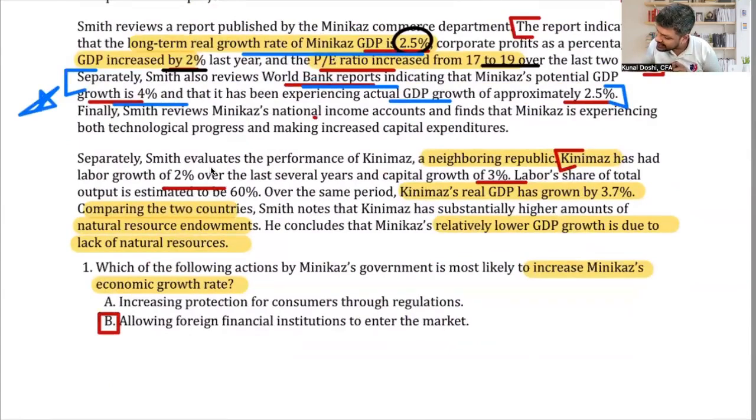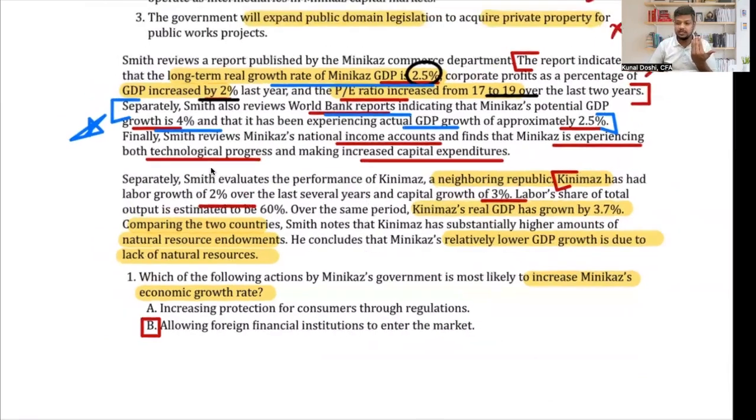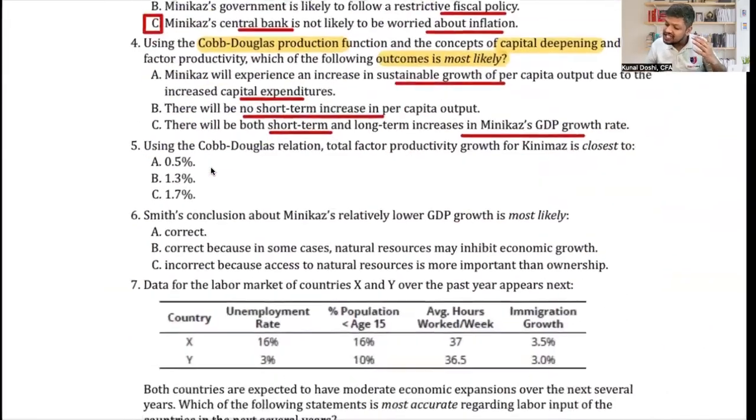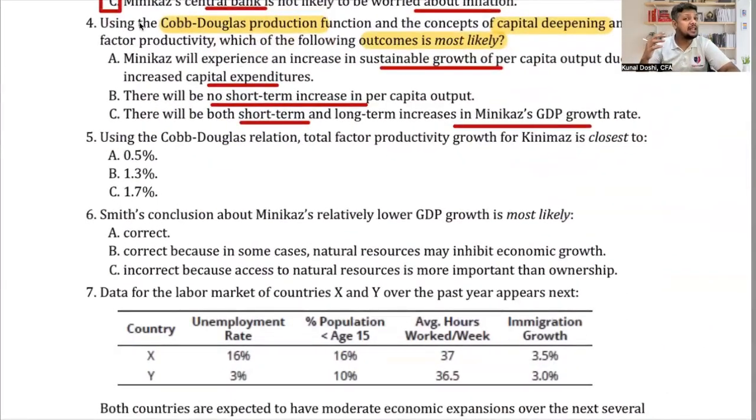Smith reviews Minica's national income accounts and finds that it is experiencing both technological progress and an increase in capex. Now, technological progress will definitely lead to long-term growth also. And since the country is emerging, it will have an advantage in the short term. See, capital deepening helps those countries which are emerging countries.